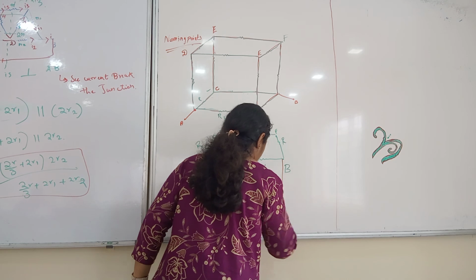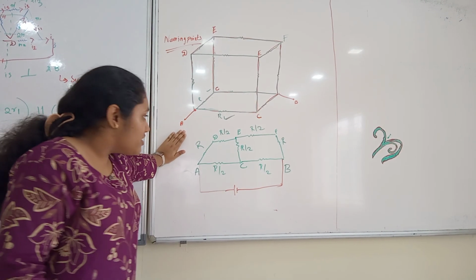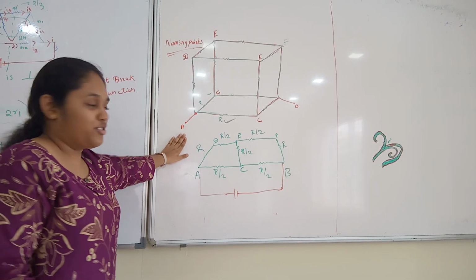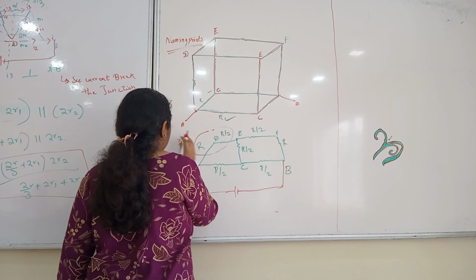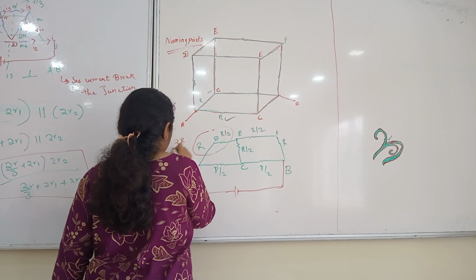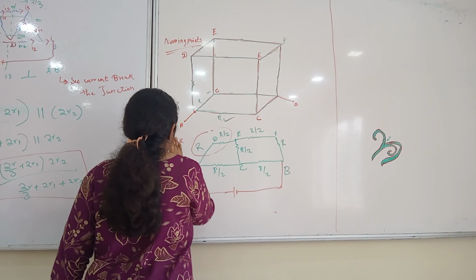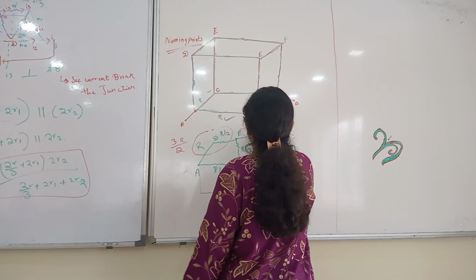for clearance and we'll see. Is there anything visible? Wheatstone. So this makes 3R by 2. Sorry, 2R. 3R by 2.